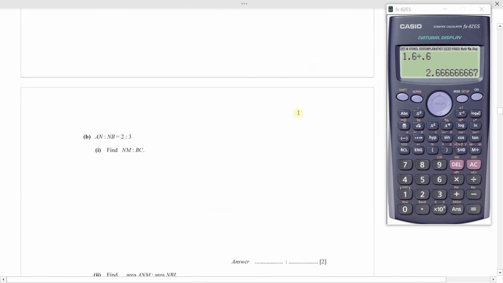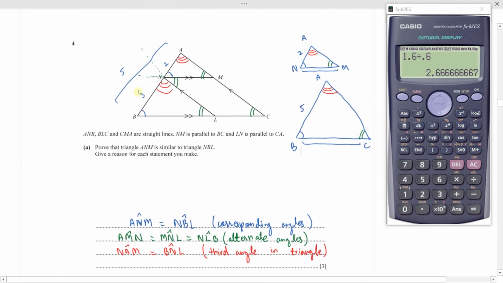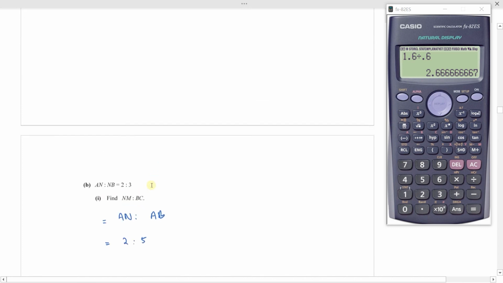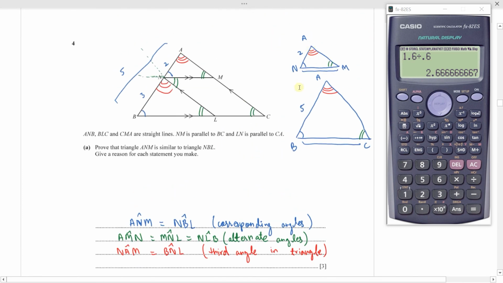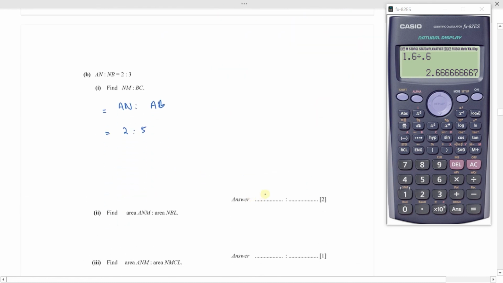So NM ratio BC will be equal to this side AN ratio AB, which is AN is 2 and AB is the full length, which is 5 here. So your answer here will be 2 ratio 5.